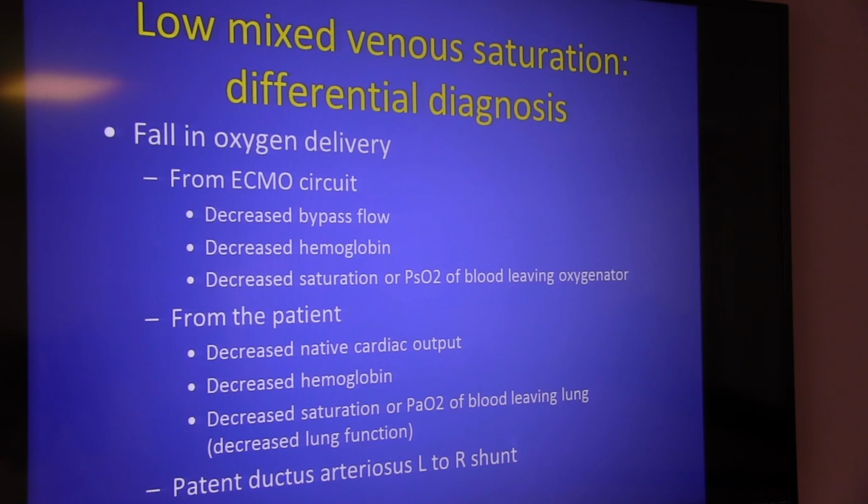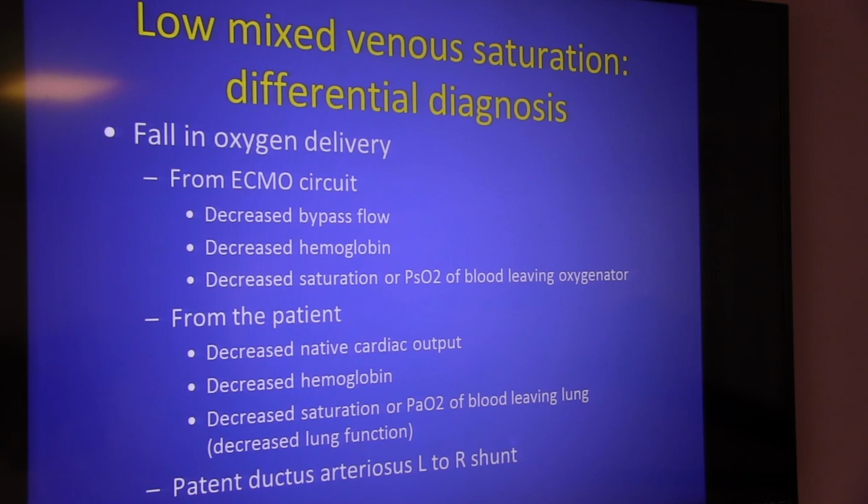So do I have a fall in oxygen delivery? And if there's a fall in oxygen delivery, is the problem from the circuit or from the patient? So do I have decreased flow? Do I have decreased hemoglobin? Do I have decreased saturation, or I should say PaO2, of blood leaving the oxygenator?